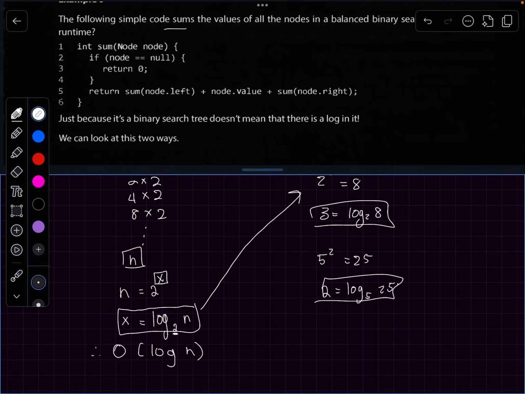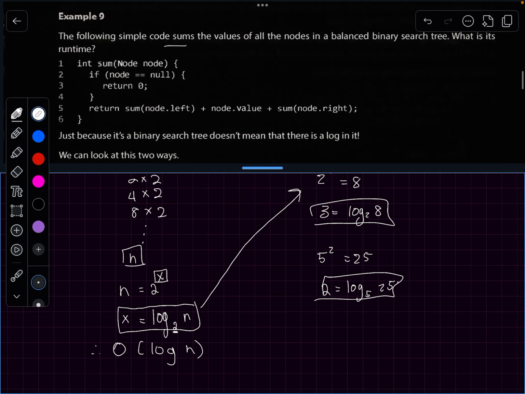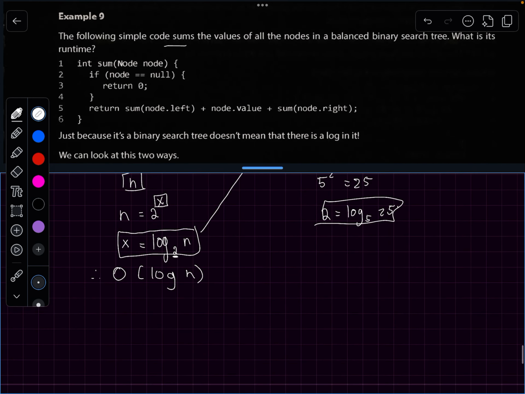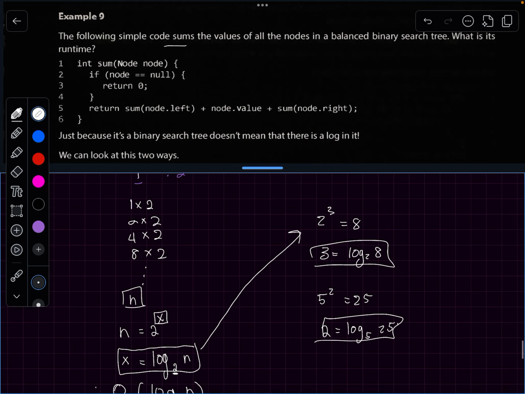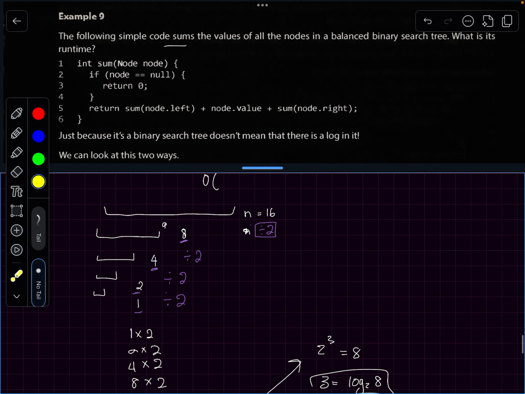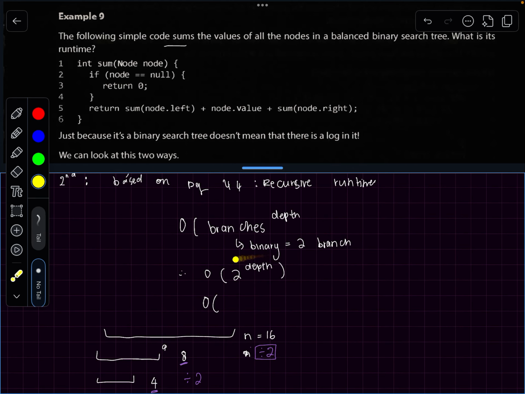Now going back to the actual example 9, how does this relate to that? Remember we had this formula over here, and we're trying to find the depth going to n, right?